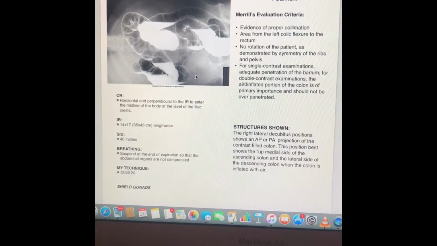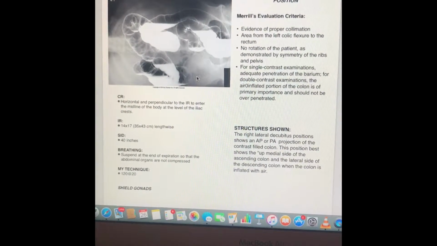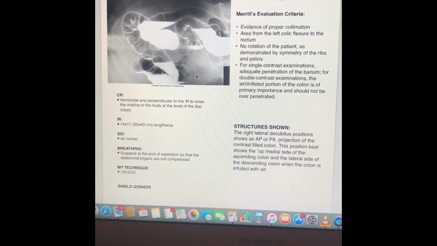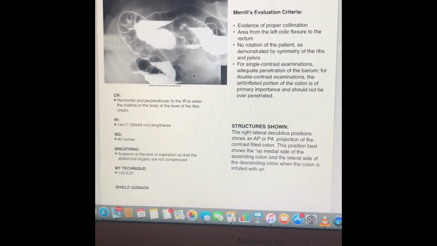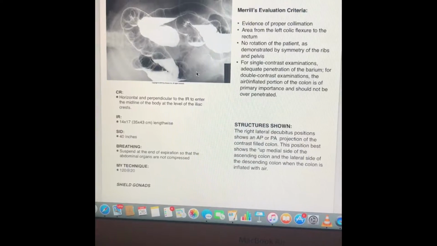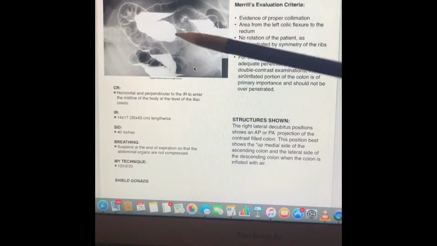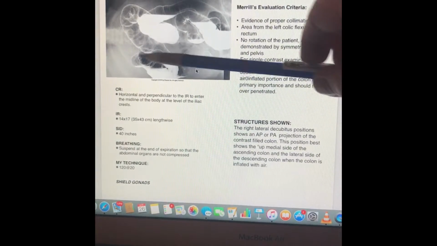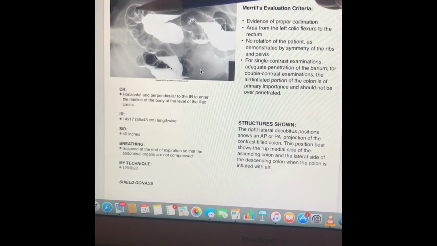So the structures shown on this projection are the medial side of the ascending colon and the lateral side of the descending colon when the colon is inflated with air. So medial side of the ascending colon, so that's right here, and lateral side of the descending colon, that's right here.